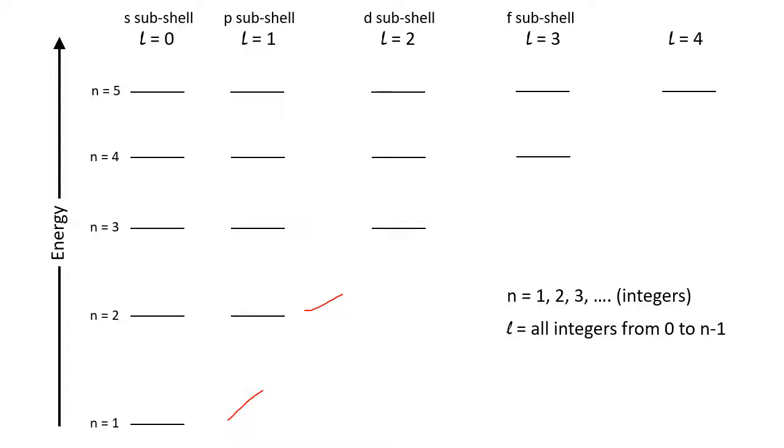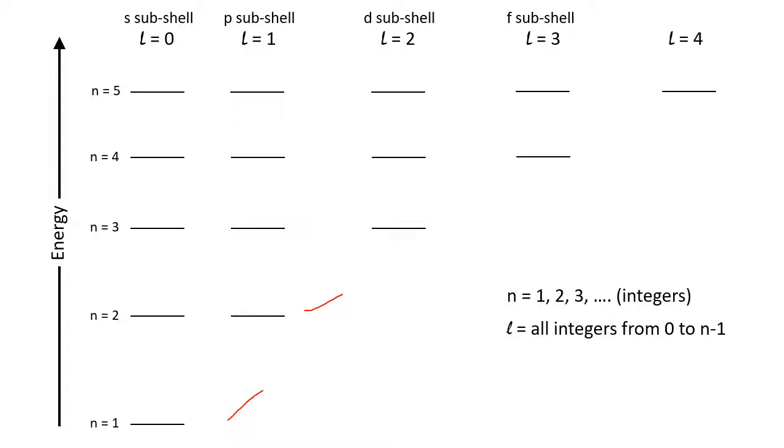Now, what about l equals 4? From our introductory chemistry, the only subshells we ever dealt with were s, p, d, and f, and there's nothing beyond that. The reason is that there's no known atom that exists, or has even been made in the laboratory, where we need an l equals 4 quantum number or any l quantum number higher than 3.